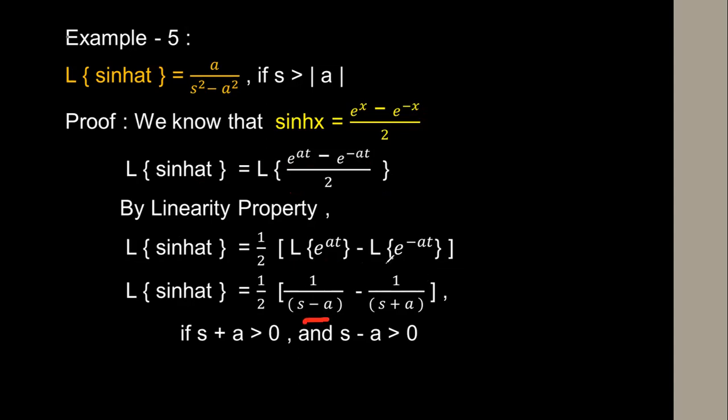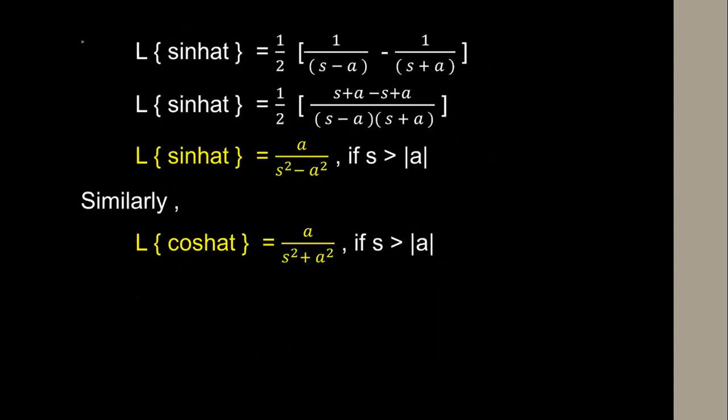What is the Laplace transform of e power minus at? It is 1 by s plus a. If you take the LCM of these two and simplify, you will finally get a by s square minus a square. This function is defined for s minus a greater than 0, and also for s plus a greater than 0.